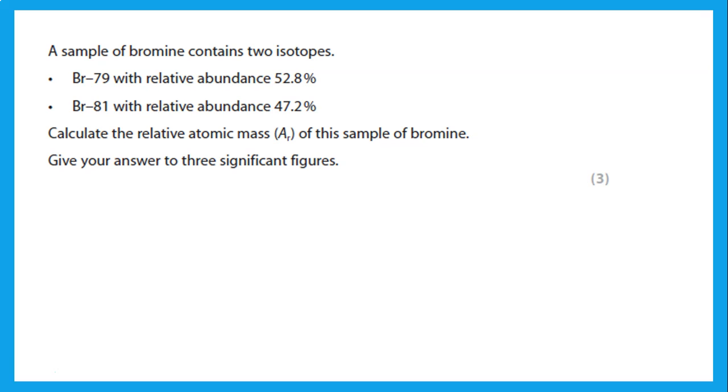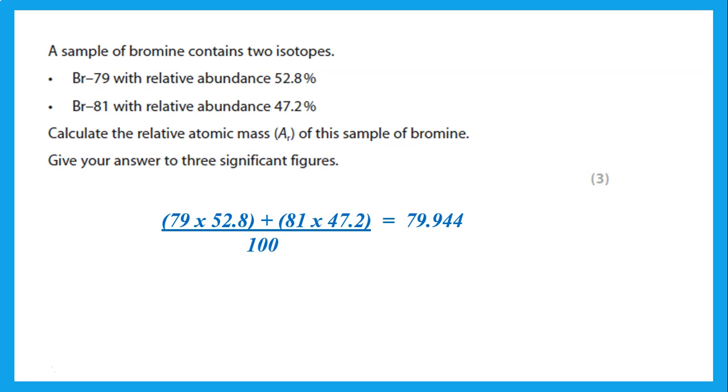Another example, he's given me 2 isotopes of bromine. One of them has a mass number of 79, the other has a mass number of 81. And he's saying calculate the relative atomic mass. Again, how do we do it? The mass number of the first one times its abundance plus the mass number of the other one times its abundance divided by 100. Now this comes out to be 79.944.